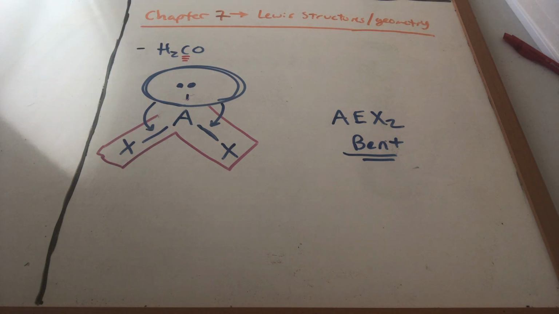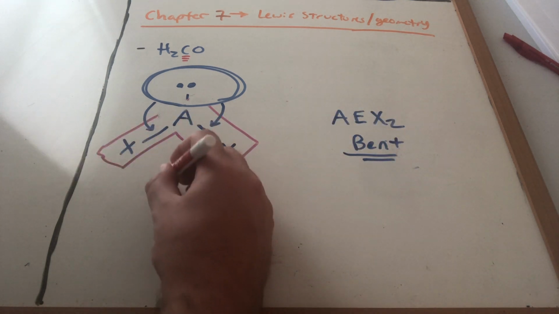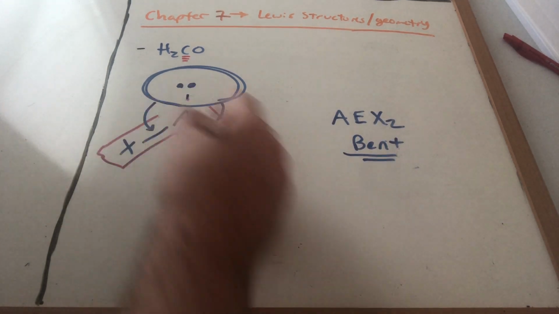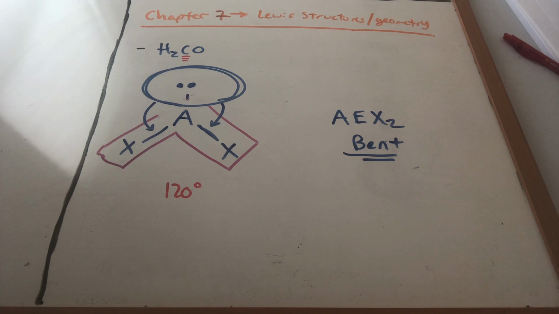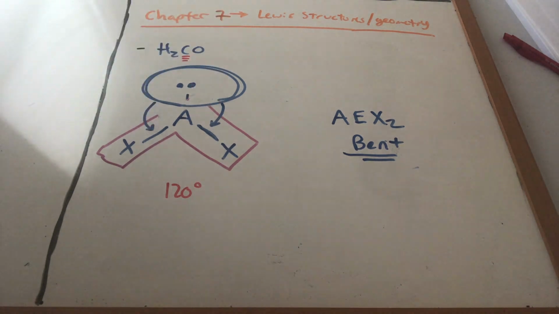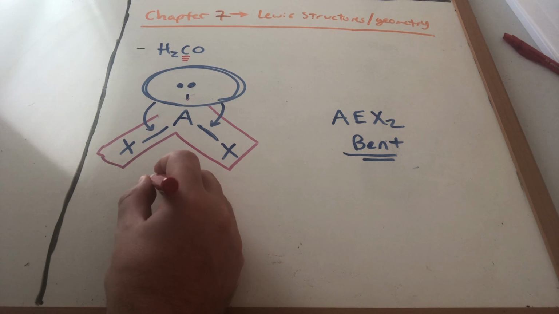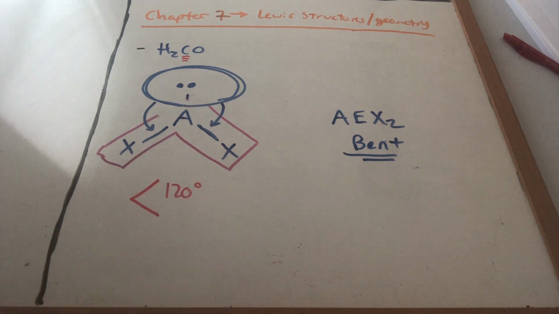If this was an AX3, this bond angle would be 120 degrees, and the way that we draw it even is 120 degrees. But this lone pair squeezes these together a little bit more than you would expect, and so this bond angle is actually less than 120 degrees.